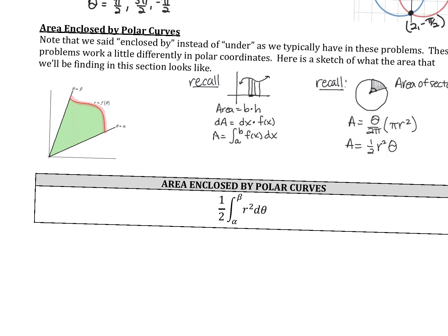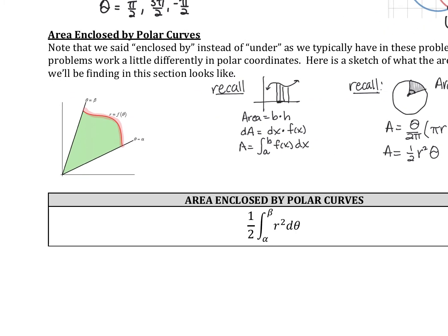Now let's combine those two ideas and look at our polar curves. This time we are going to divide our region not as rectangles under a curve, but more like the idea of an area of a sector.